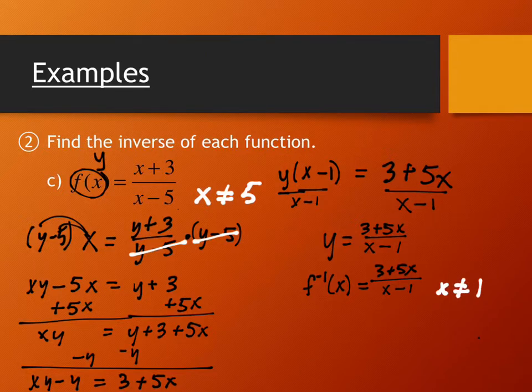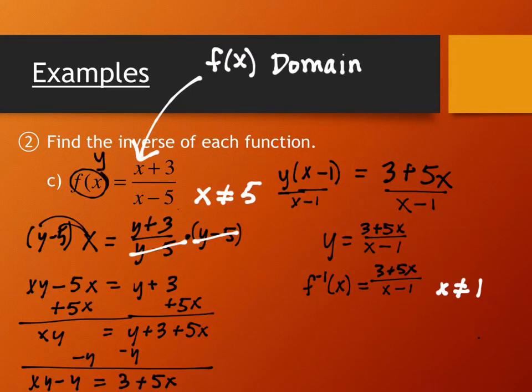So what that actually tells you is actually a lot. It tells you that the first equation, for f of x, has a domain where x is not equal to 5. And for f inverse down here, its domain is that x cannot equal 1.